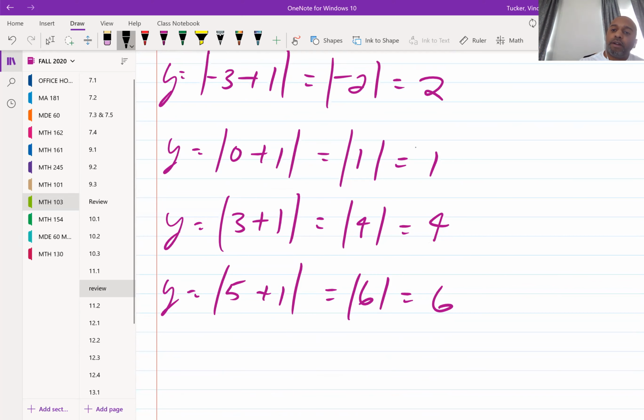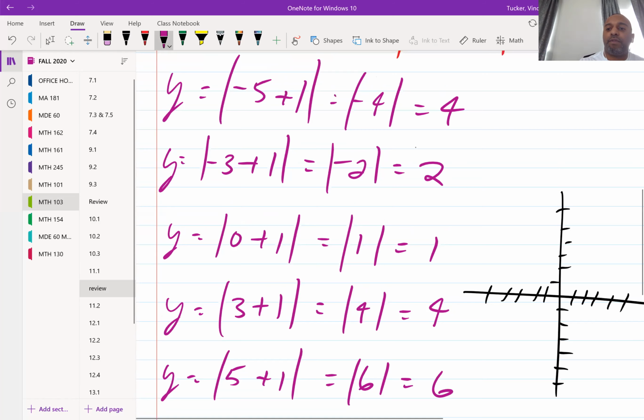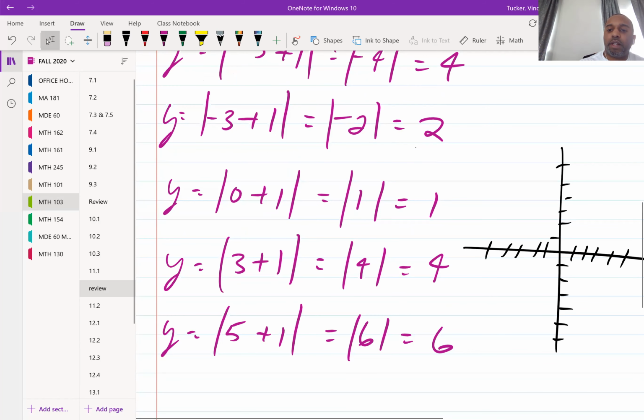So now when you graph, the first one was -5, 4. So I would go to the left 5, up 4, then go to the left 3, up 2, 0, 1.